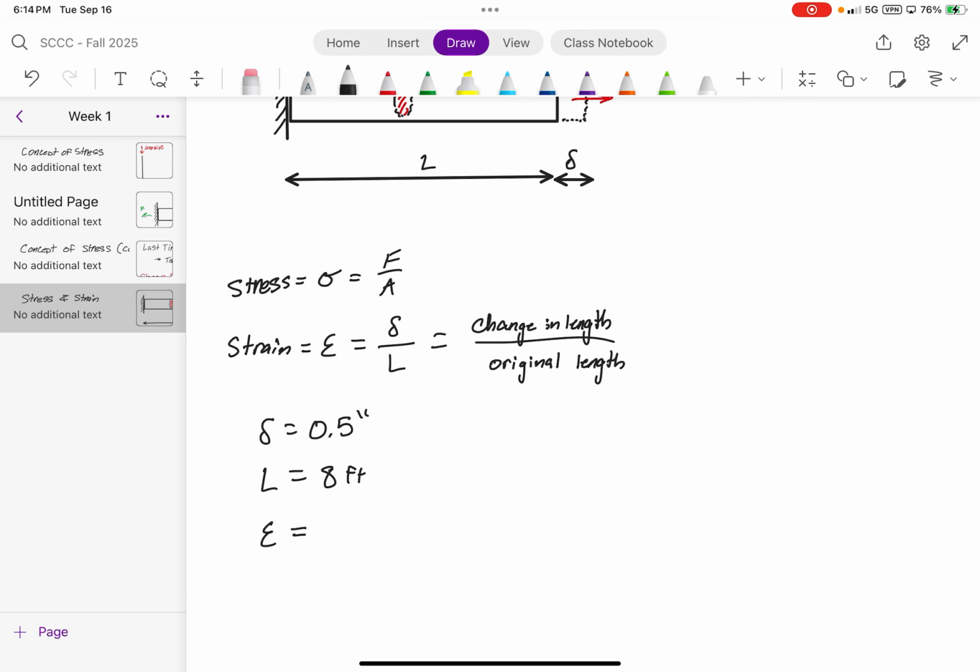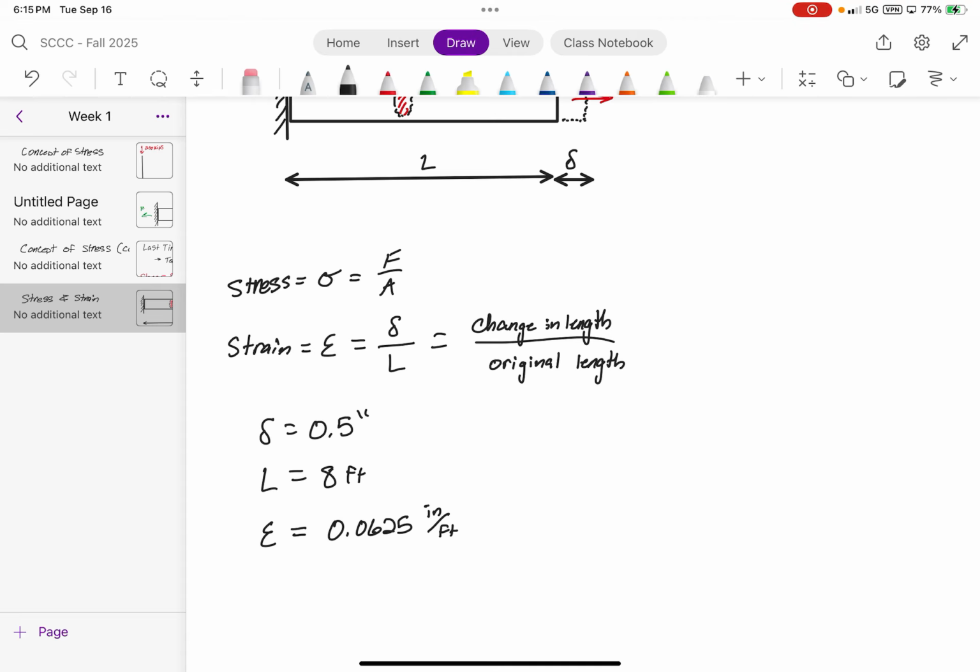Anybody want to take a crack at it? 0.0625. What are the units? Feet. Nope. You got the number right, but the units are going to be inches per foot.